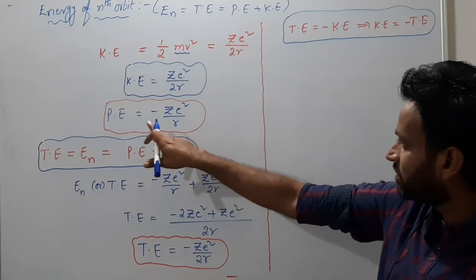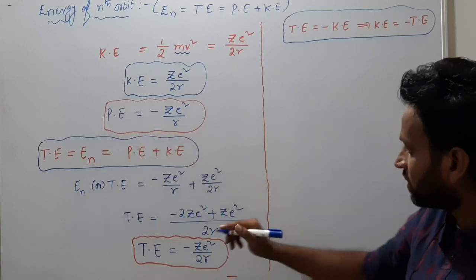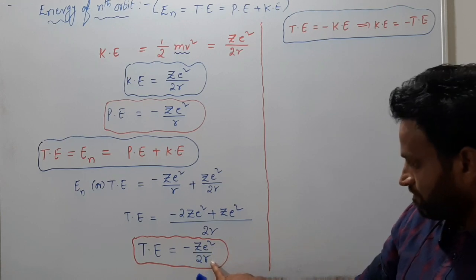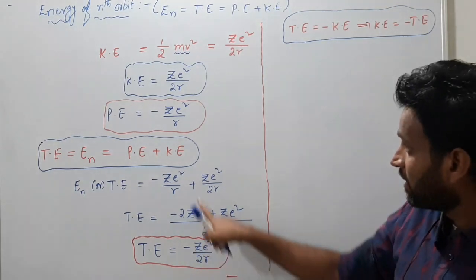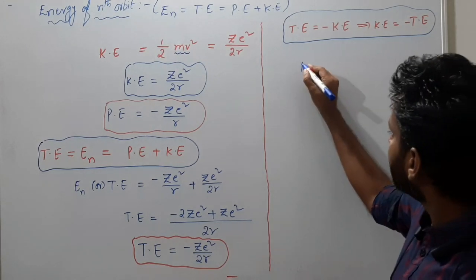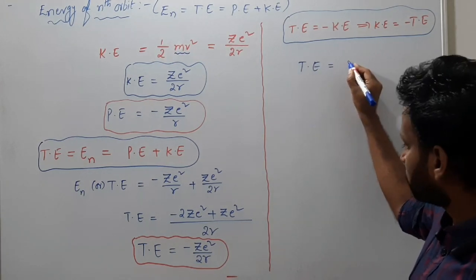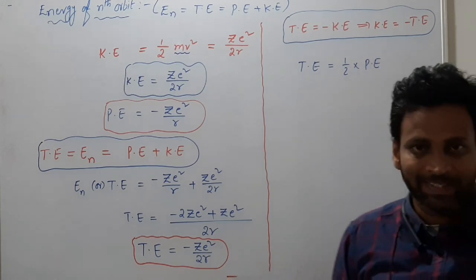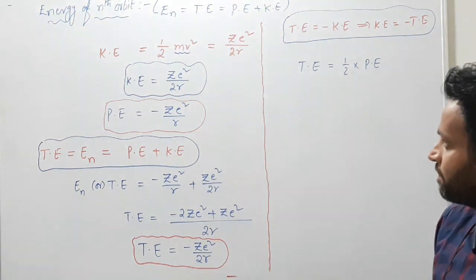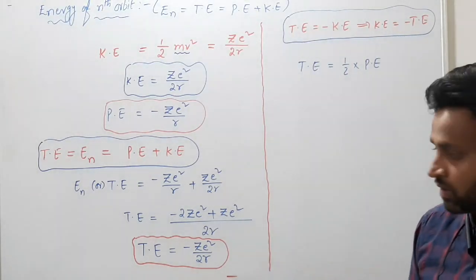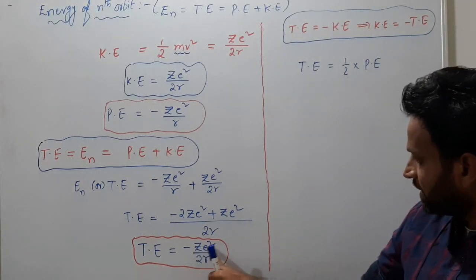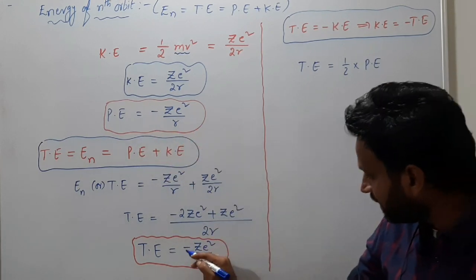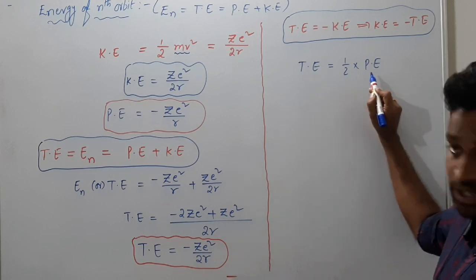And now what is the relation between potential energy and total energy? Minus Ze square by r is the potential energy. So you can write total energy is equal to half into potential energy. Can I write like this? Correct or not? Because minus Ze square by 2r is total energy, and minus Ze square by r is the potential energy.